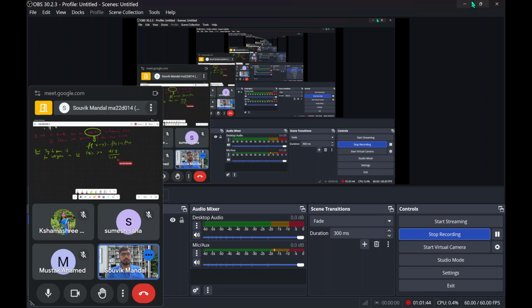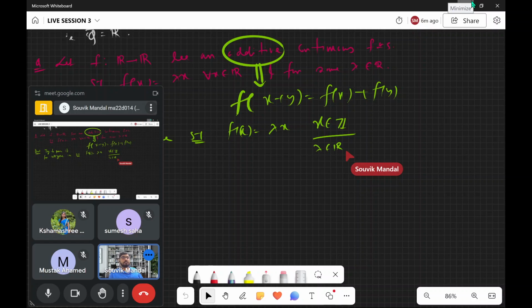First try to do that. And of course, you need to find the lambda. That is first.